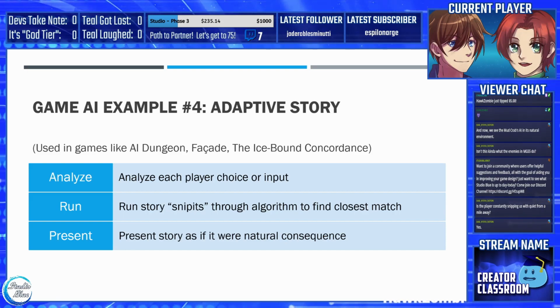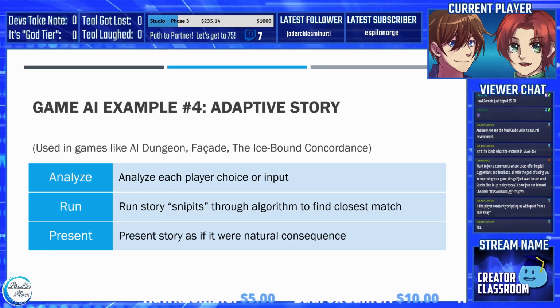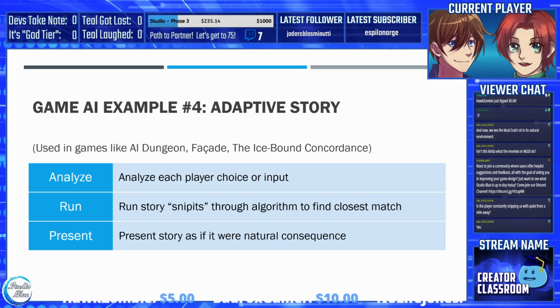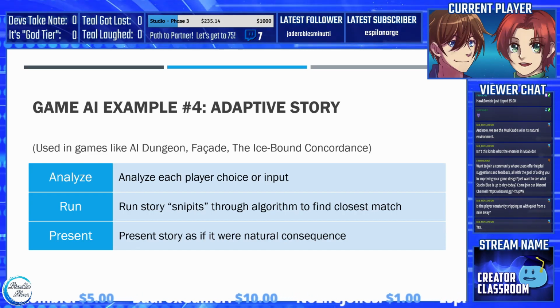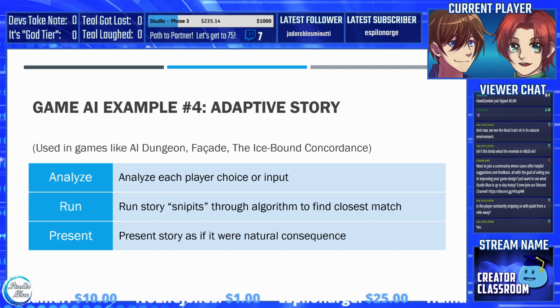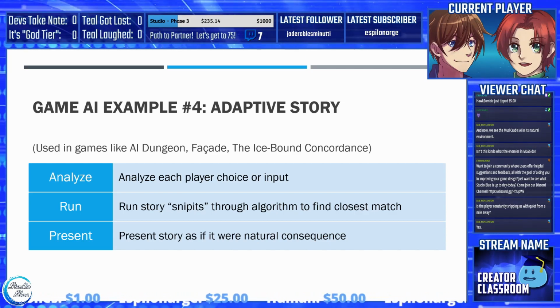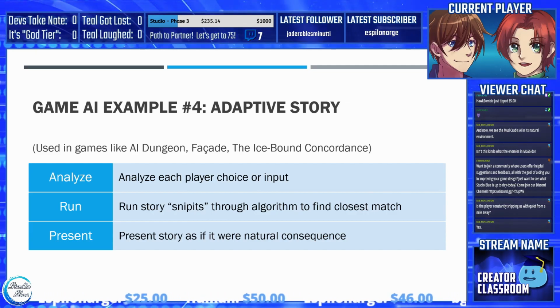Your dog ate your coin purse. And then the next time you ask for the tab to be looked over, the bartender comes up with a unique excuse that sounds similar and says, oh, what happened this time? And you're like, wait a minute, that sounds like something I probably would have said. So that's an adaptive story.